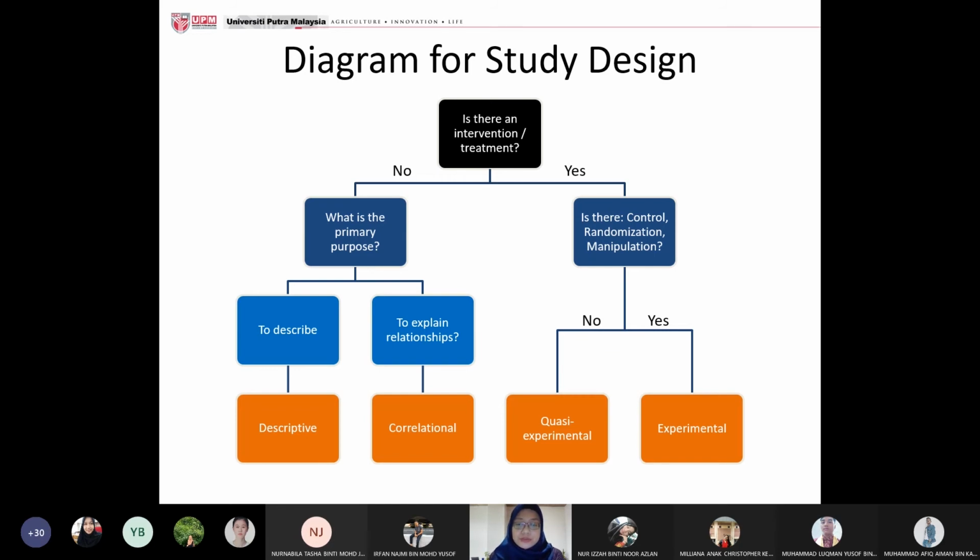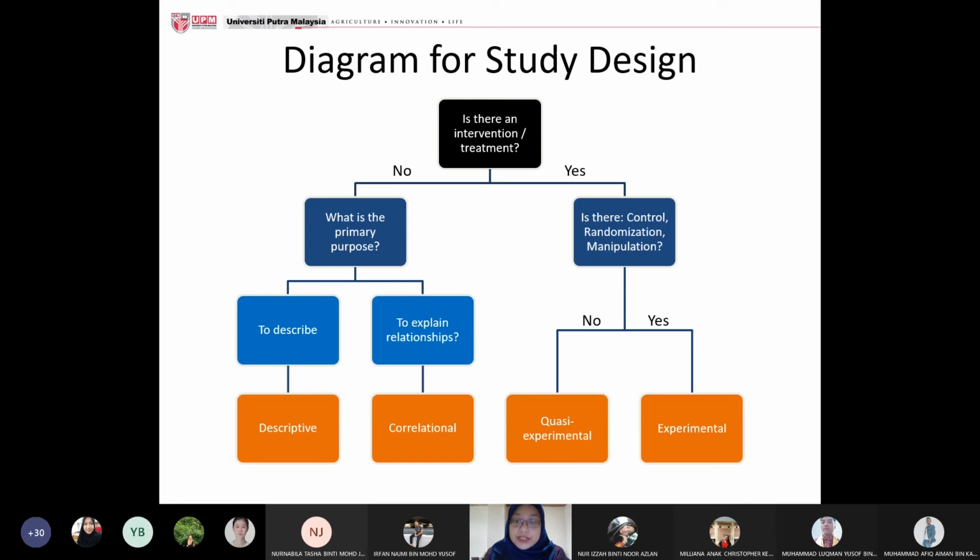Are you developing a program, or, if you're doing experiments, for example, are you testing something? Okay, are you checking something? If there is, then you look at the yes part there. And is there control, randomization, and manipulation? Okay, if there are all three of those, then you're doing an experimental study.